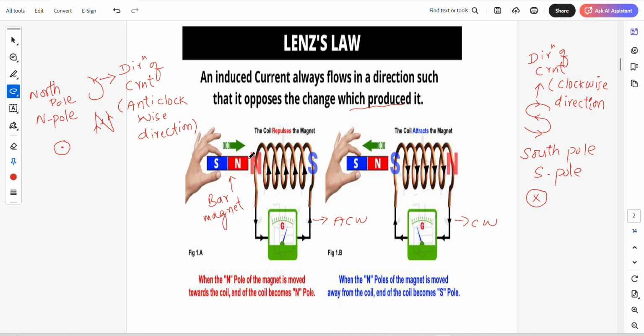Therefore the same polarity is formed here. As soon as you think of north pole, you should remember the direction of current is anti-clockwise. When the magnet is away from the coil, it attracts the magnet, so it becomes a south pole. The direction of current will be clockwise.